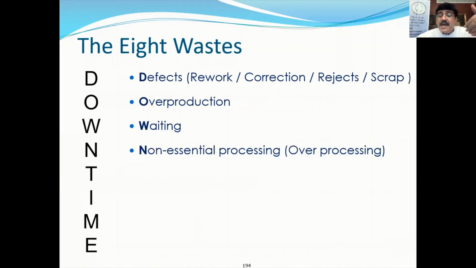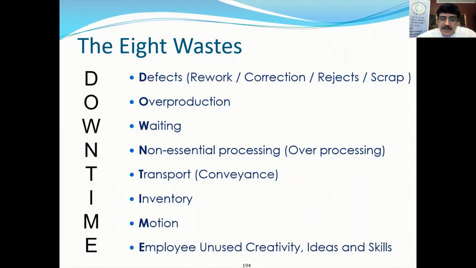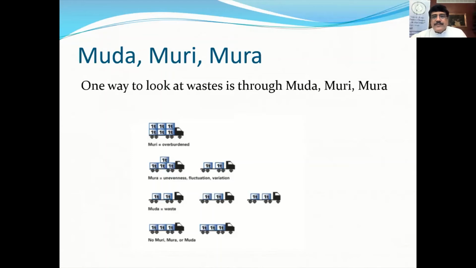N is non-essential processing or over-processing. You're adding more features than it should have. Transport, inventory, as we said, and motion, and employee underuse of creativity, ideas or skills. Wasted skills, basically. Very good.